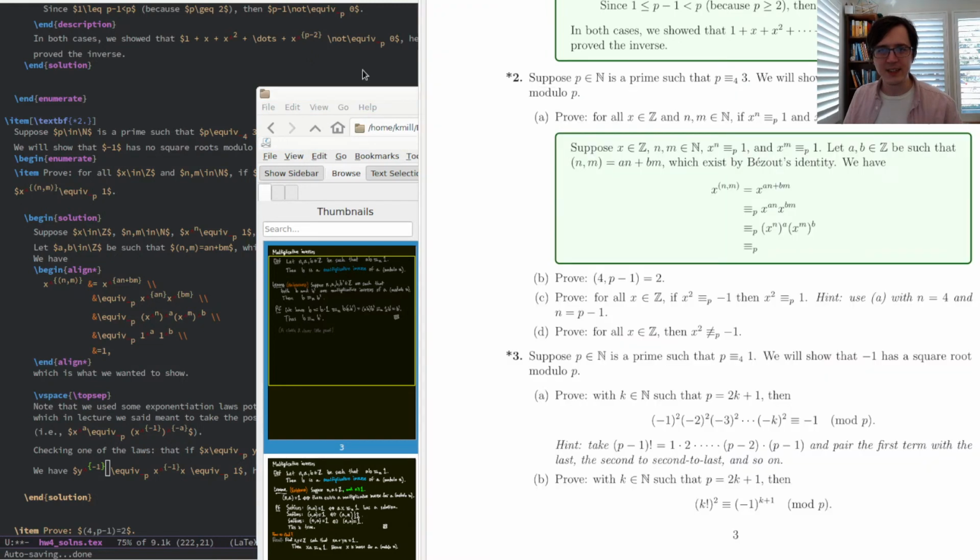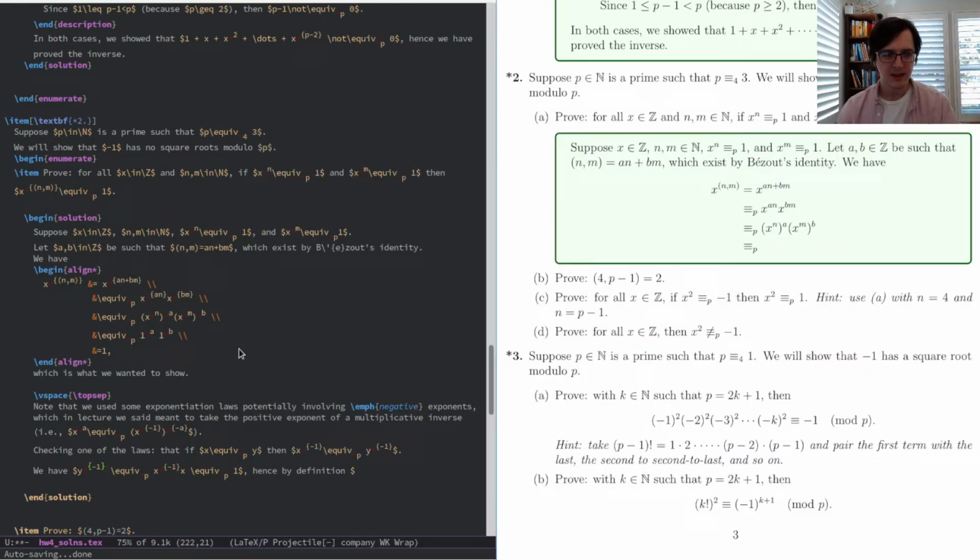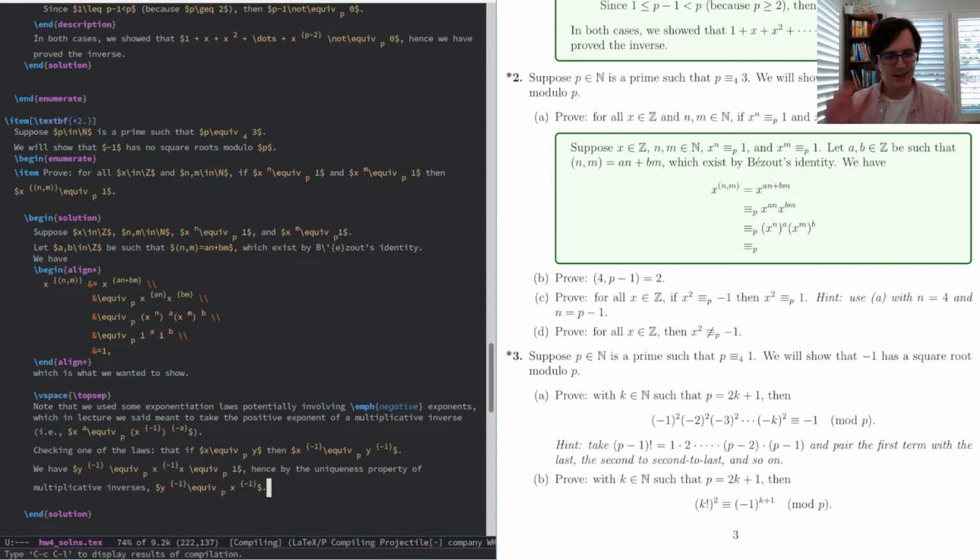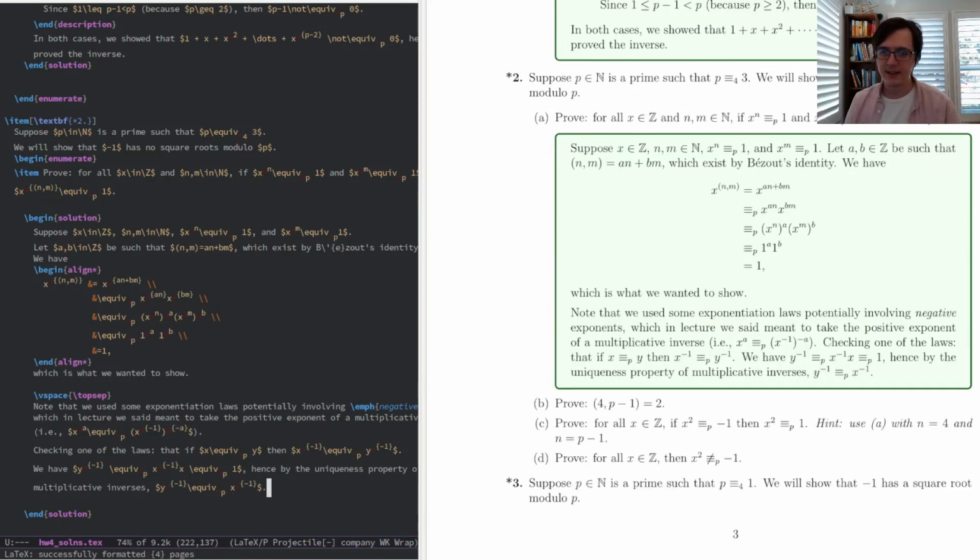So by the uniqueness property, y inverse is equivalent to x inverse. So that's the thing that was proved in lecture, uniqueness.